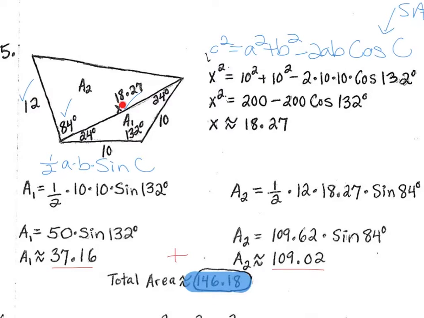And that opposite side is now one of the sides in the side angle side setup for the 1/2 AB sine C to find the area of the second triangle. And then the last step is to add those two areas together, and we get our final answer. Hopefully that makes sense for you guys.